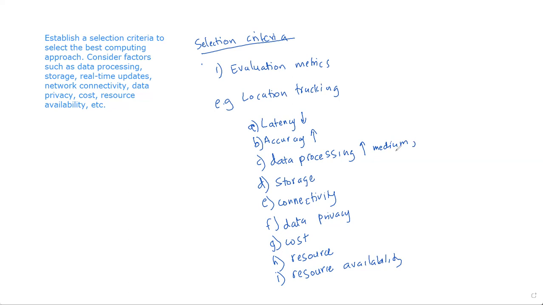If it is medium, then you might need to do processing not at the edge server, but at the fog server. So we can decide what level of data processing we need. If we don't need high data processing, then we can say I need low data processing for this location tracking application.